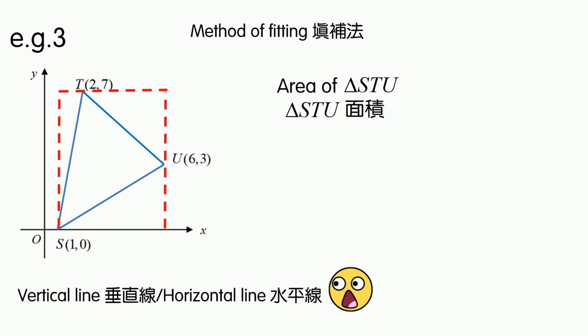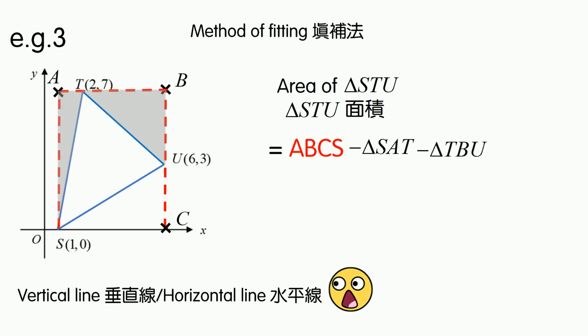If we draw a rectangle like this, now we give some names for the corners. We can find the area of triangle STU by finding the area of this rectangle first, and then we subtract this triangle SAT, triangle TBU, and triangle UCS.